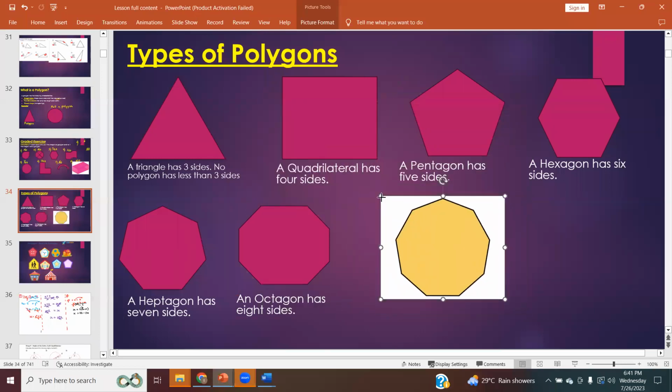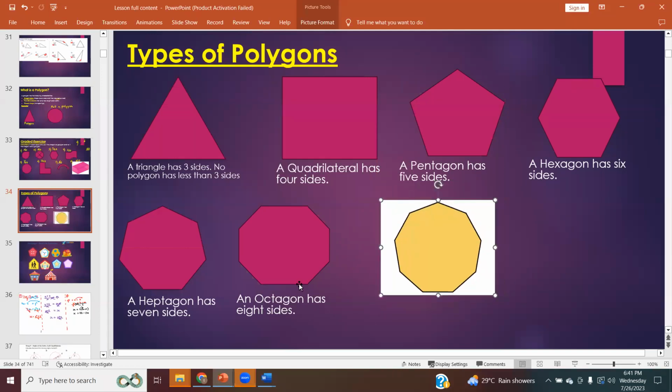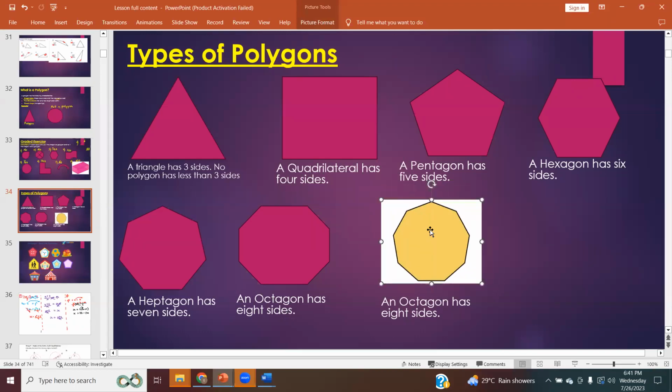So this is a nonagon, the only orange one, and a nonagon has 9 sides.